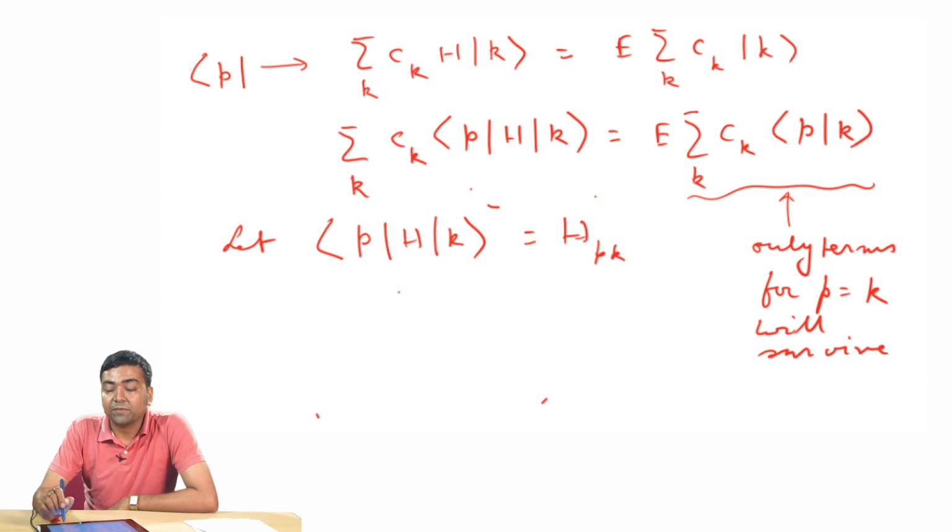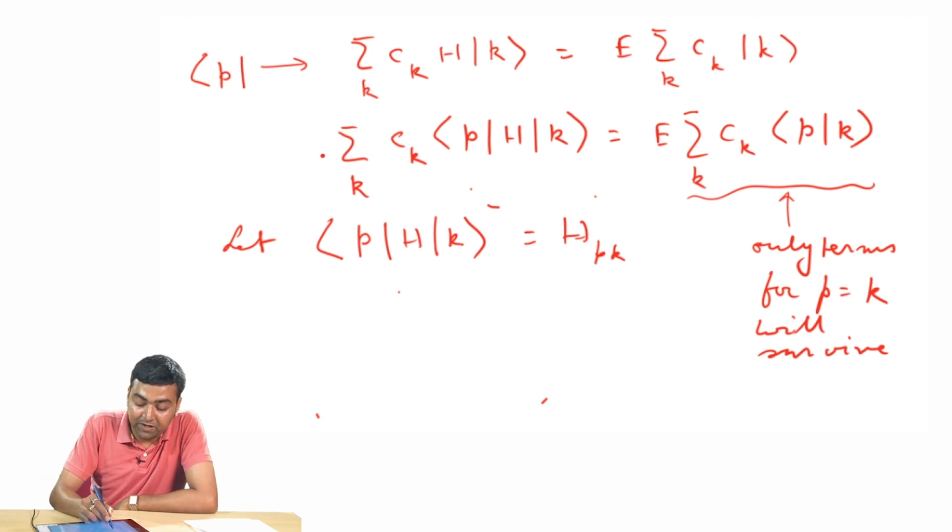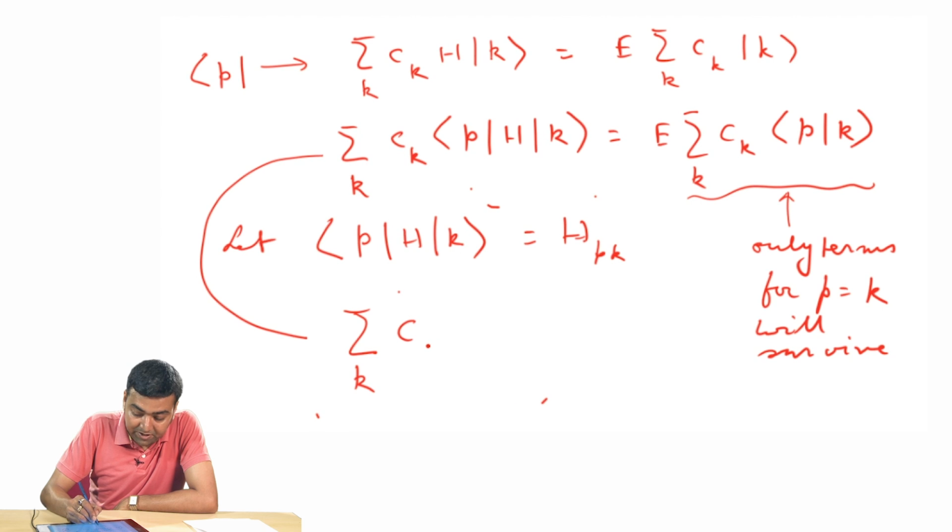I have worked this out for an orthonormal basis. So, we can write this in a slightly compact form, which is given by the sum over k of C k H p k equals E C p.